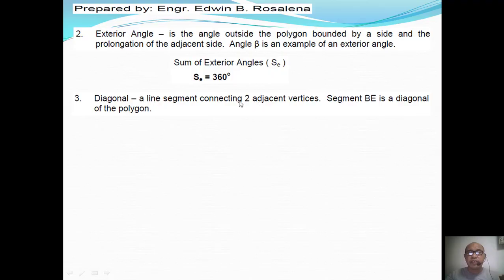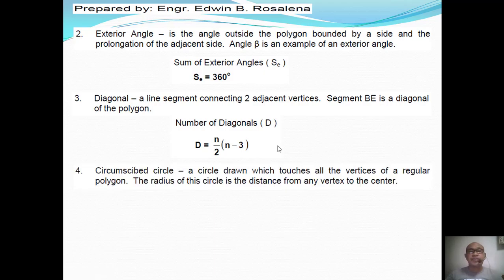So, kindly correct: a line segment connecting two non-adjacent vertices. The number of diagonals is equal to n over 2 times n minus 3, where n is the number of sides.